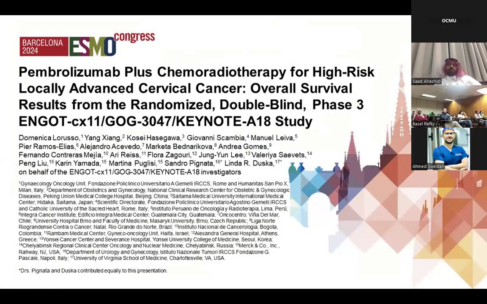Now, what I really want you to emphasize is the immune therapy, KEYNOTE-A18. This is probably what changed the practice, and if any center has access to immune therapy, especially if you are writing or being examined by the European board, this is what you need to talk about.